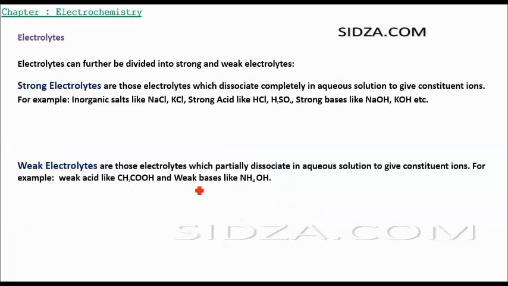Now these electrolytes, we further classify them into two categories: strong electrolytes and weak electrolytes. A strong electrolyte is one which dissociates completely, like NaCl, potassium chloride, or strong acids like HCl. If you take NaCl in aqueous solution, you get sodium ions and chloride ions.